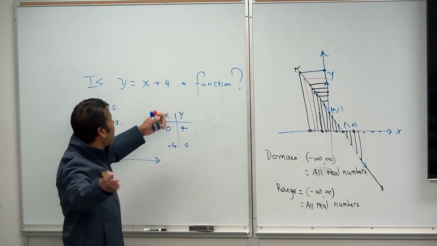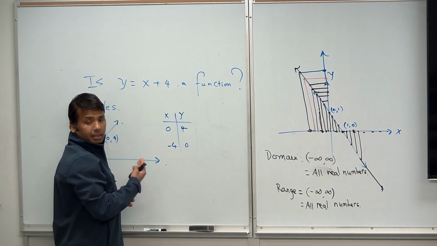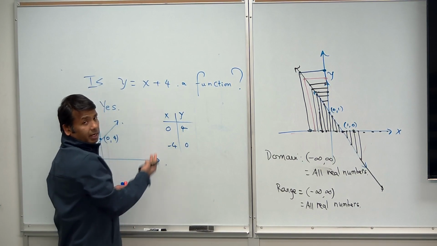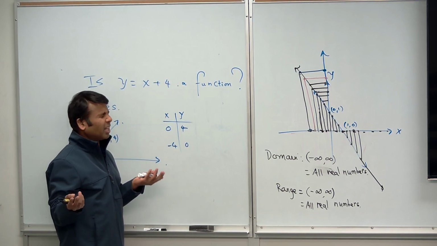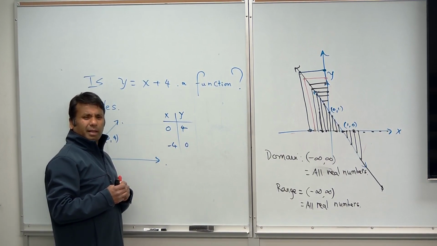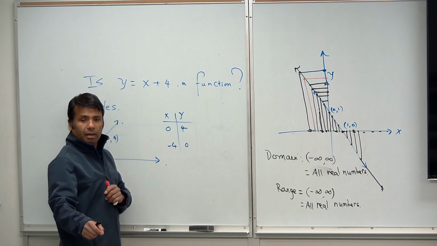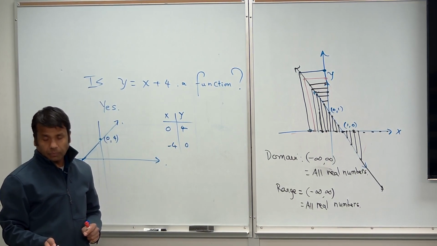You can plug in any value of x here, and that will give you what? One value of y. Is that right? So this is a function, and the domain is the set of x values. So you can consider any values of x. That makes sense? And when you plug in the value of x, that will produce a unique value of y.